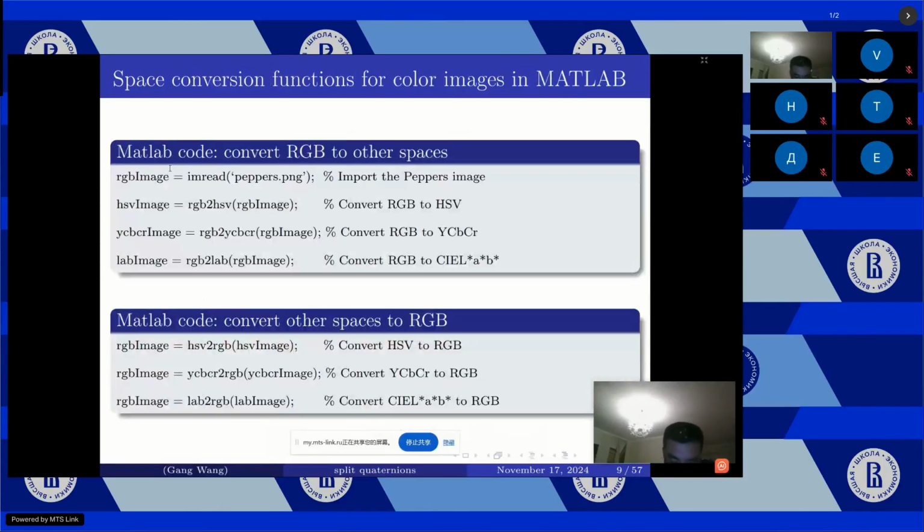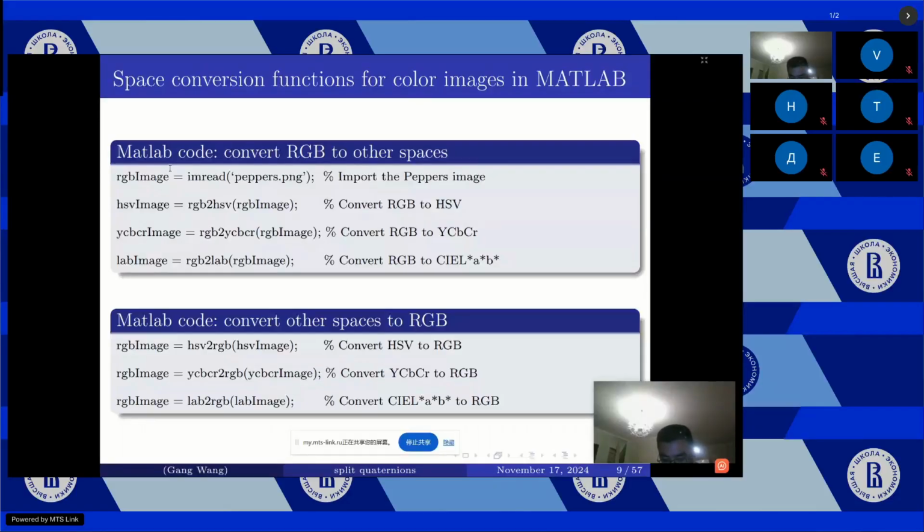Here, I have also listed the MATLAB functions for converting between different space representations of color images: RGB to HSV, RGB to YCbCr, RGB to Lab, HSV to RGB, YCbCr to RGB, and Lab to RGB.